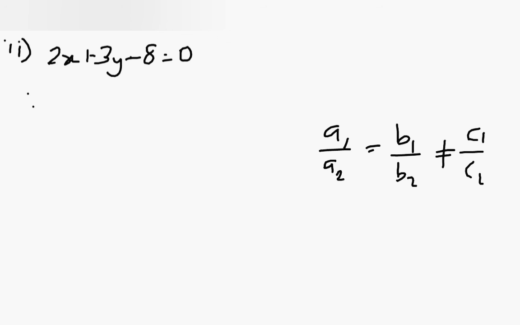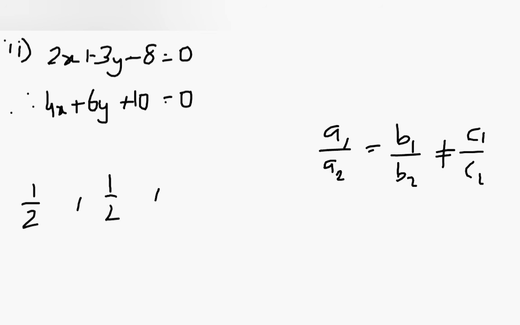So we write the equation as 4x plus 6y plus 10 is equal to 0, because 2 upon 4 is 1 upon 2, 3 upon 6 is 1 upon 2, but minus 8 upon plus 10 is equal to minus 4 upon 5. So these two are equal, but this is not equal. So that was it for this.